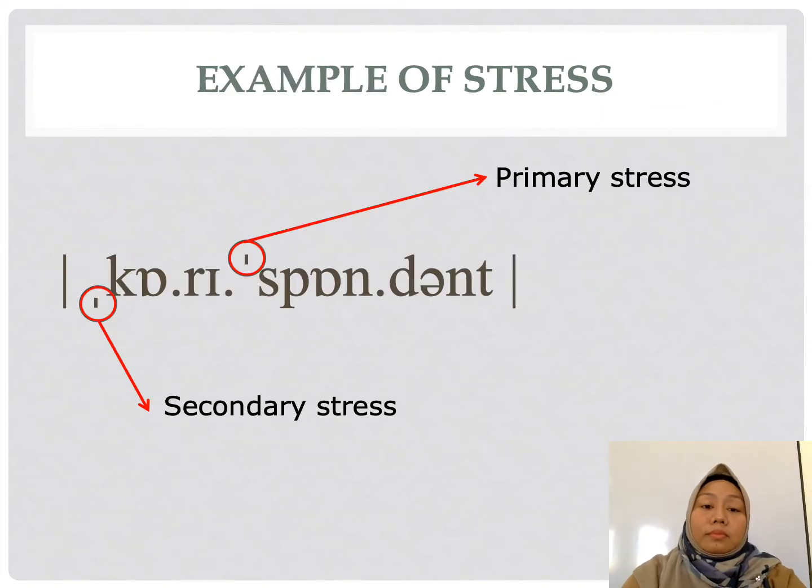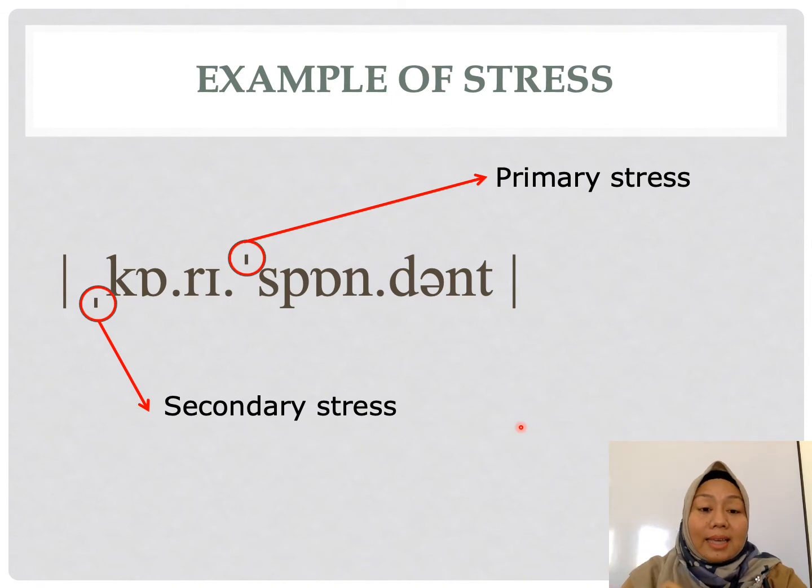Okay, let's take a look at the example of stress. You see this symbol, this one is the secondary stress, while this one is the primary stress. So this word is pronounced as correspondent.